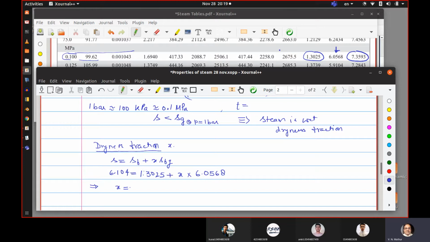So X is 0.7927, or you can write it as 79.27% wet.